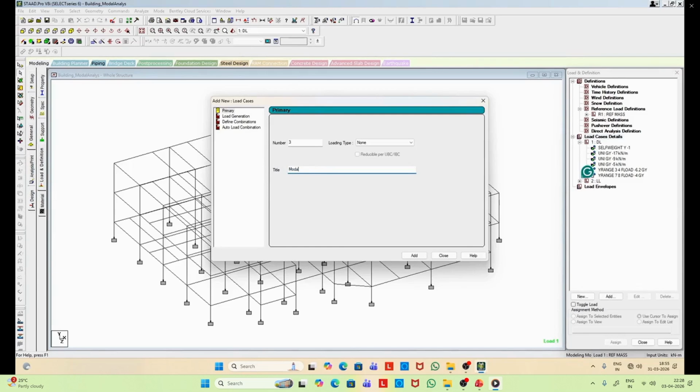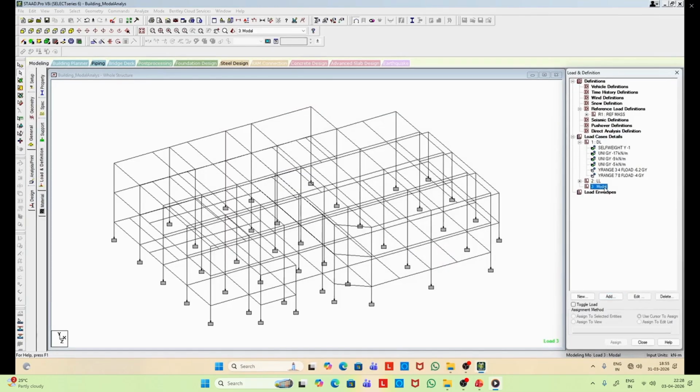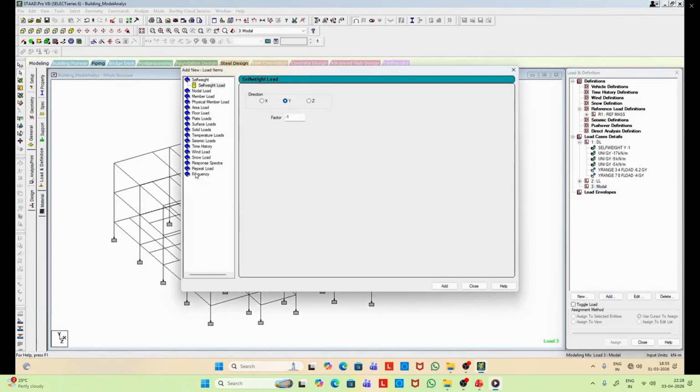So now we define the load case as modal. Because this is a modal analysis. And then here we have to select the frequency and then modal calculations. The second one we have to select.